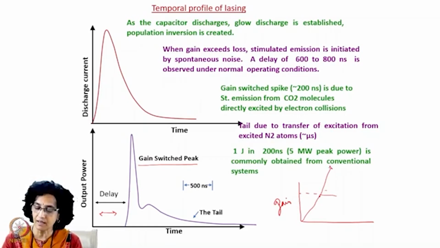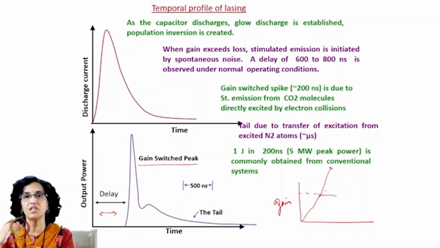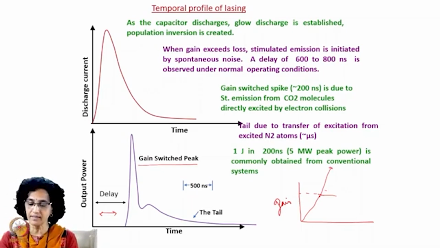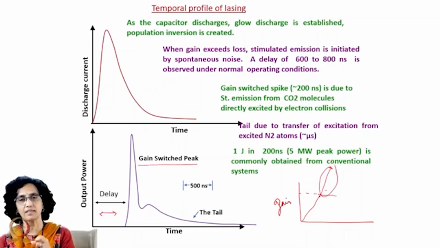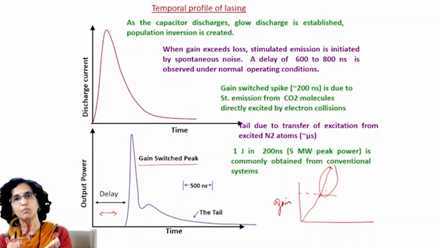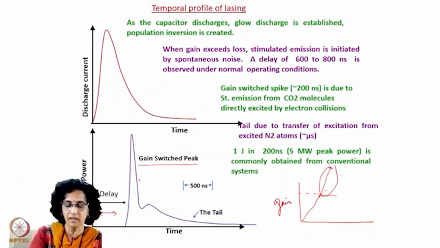There is a lot of population inversion created above threshold, and this difference is leached very fast because of the stimulated emission rate. The stimulated emission rate is proportional to N2 minus N1, so it depletes the population very fast, and you have this gain switched spike.